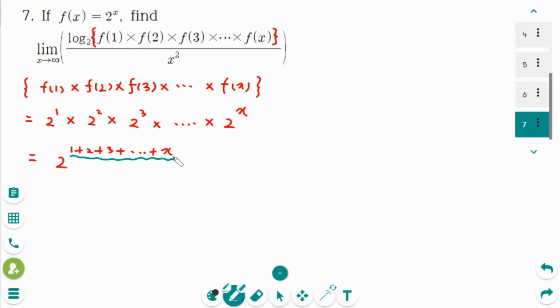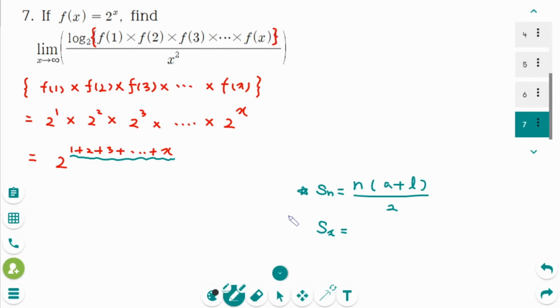And this is an arithmetic sequence. The formula of the sum is Sn is number of terms, the first term plus last term over 2.